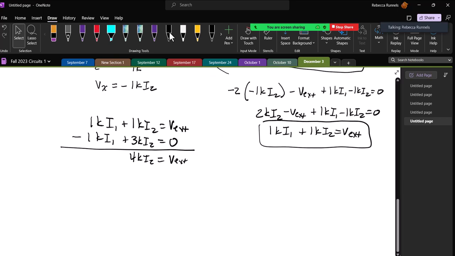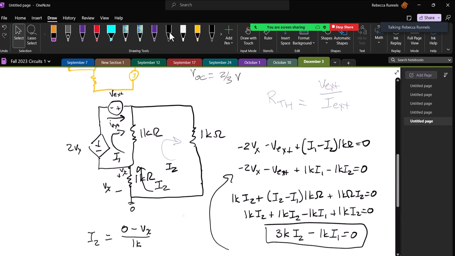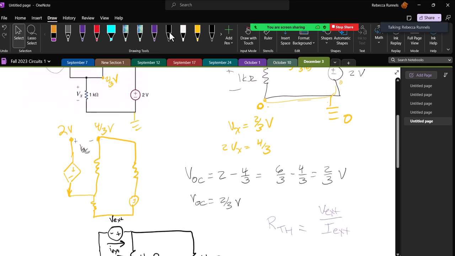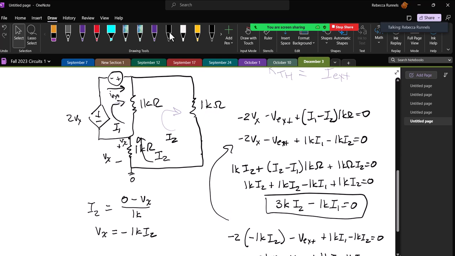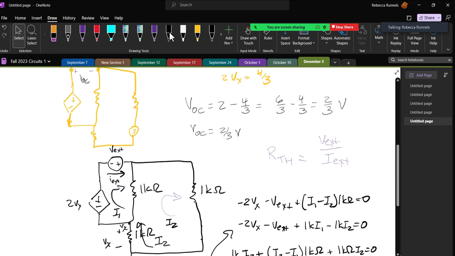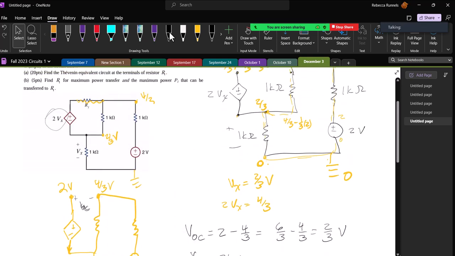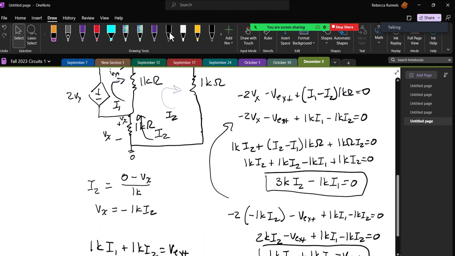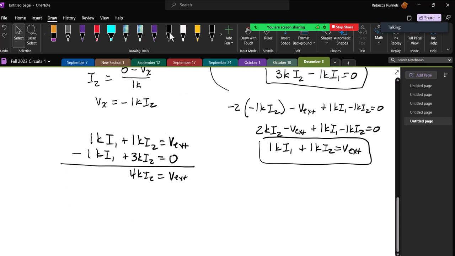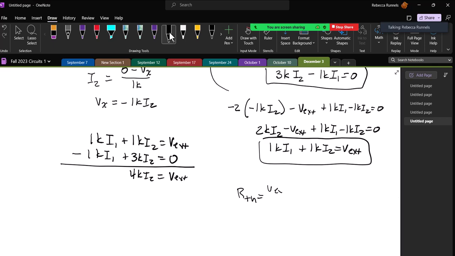Or, if you recall, what I was looking for was, for my Thevenin equivalent, I need R Thevenin equals V external over I external.